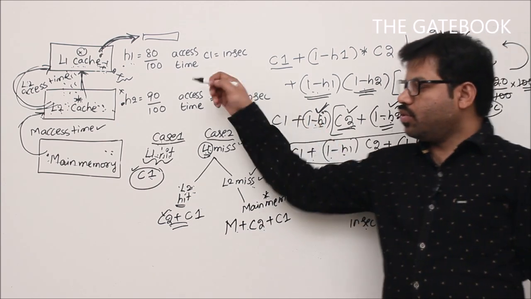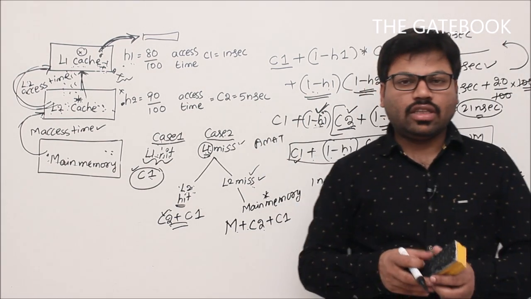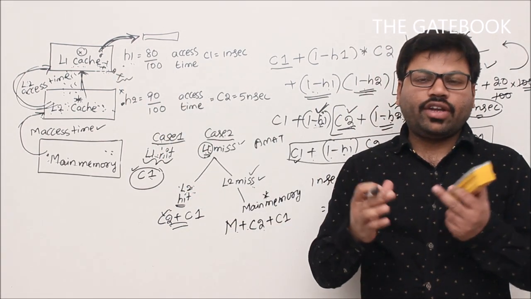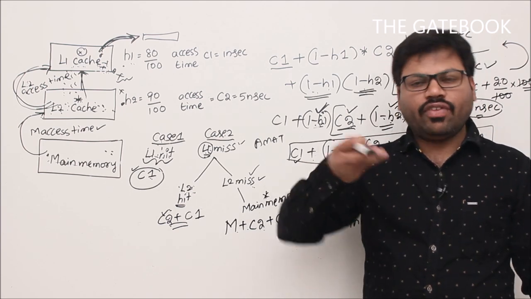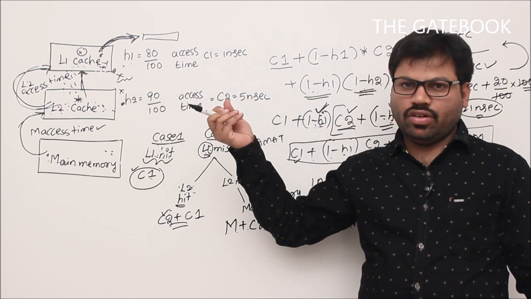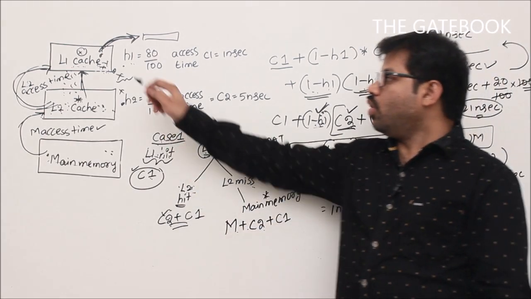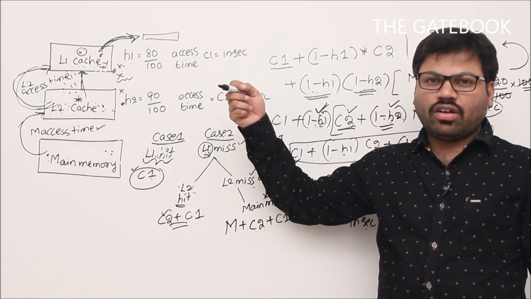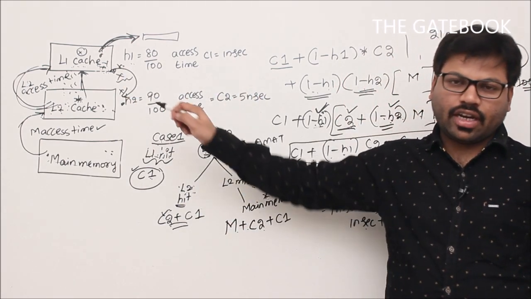That's why we introduce one more cache, okay? What people do is try to use L1 cache to reduce the access time. That means they keep a very small L1 cache so that we can quickly get the data, and we compromise on the hit ratio, but we keep one more cache so that even if we miss in L1 many times, we still come to L2 and try to get it.